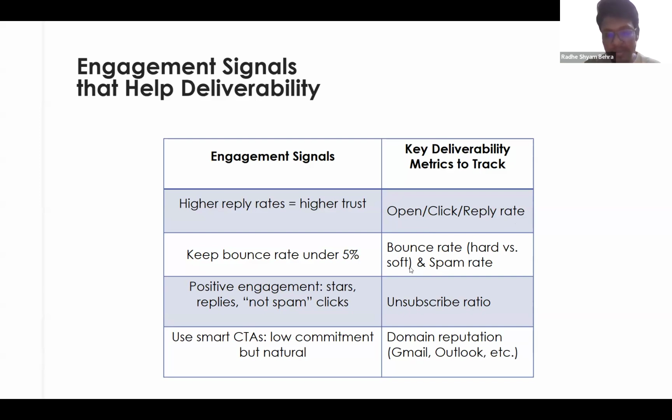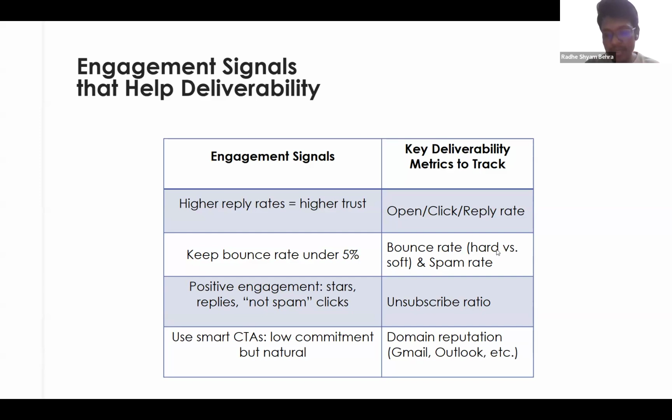An example of a soft bounce would be if one particular inbox to which you are trying to send is full, with no capacity or storage left. Soft bounces are okay to handle. Hard bounces are not okay to handle. You need to avoid them as much as you can.